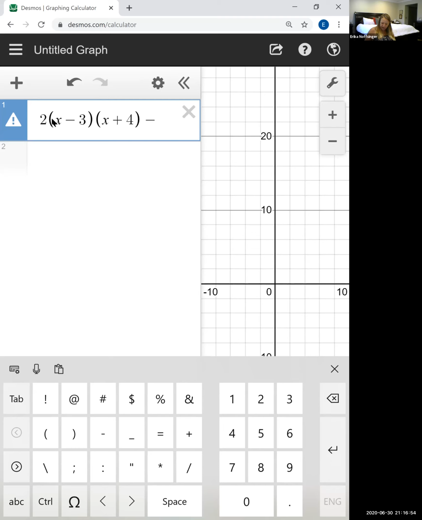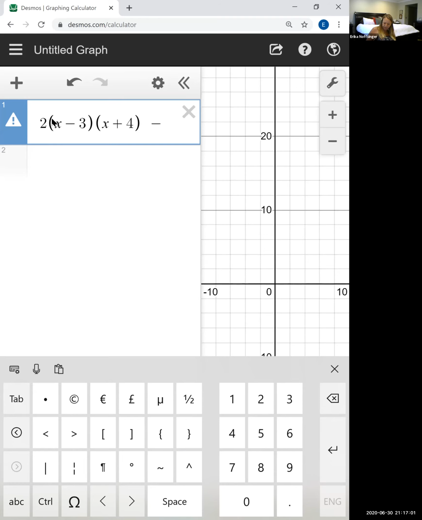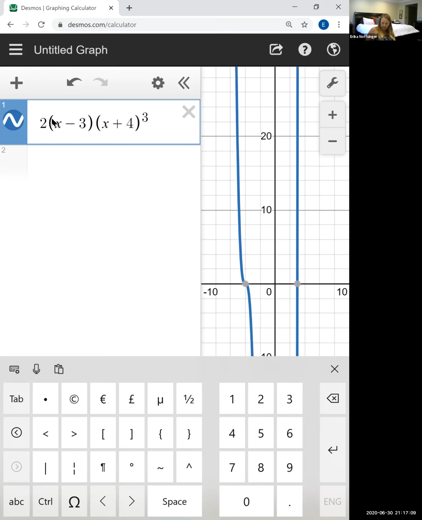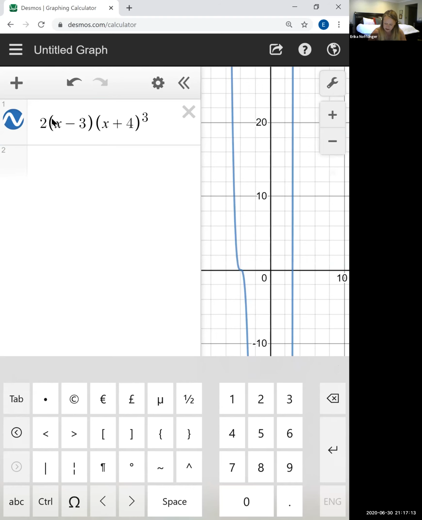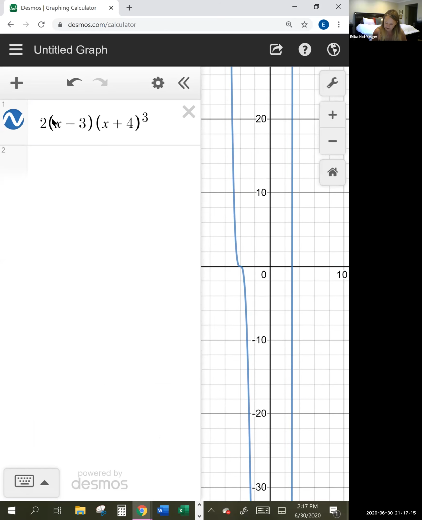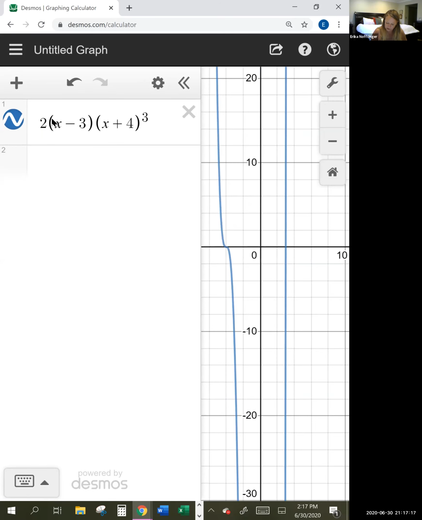And that's a square. No, that's a cube, I mean. Something's wrong.